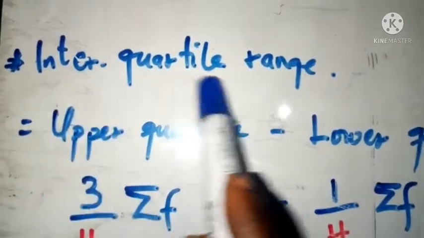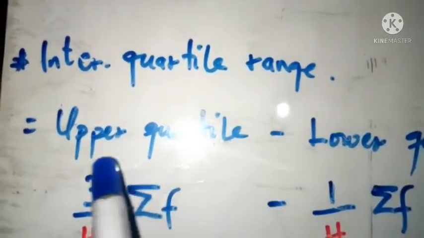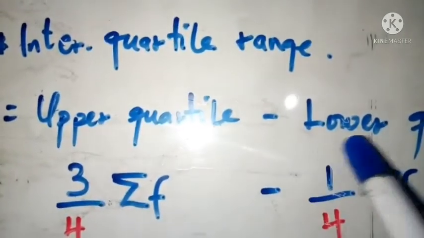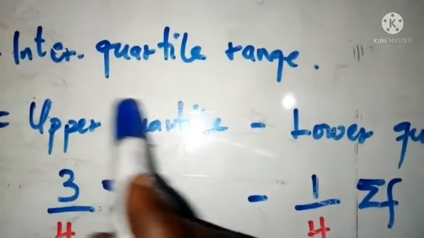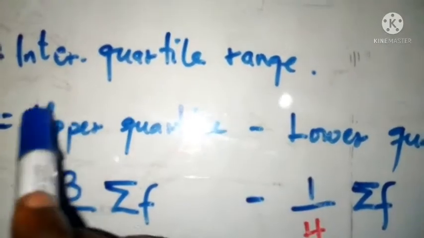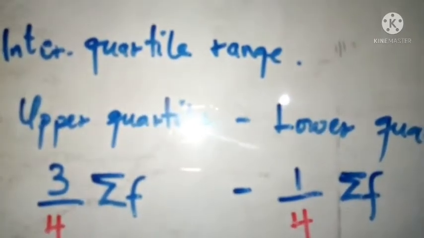What is an interquartile range? The interquartile range here is the upper quartile minus the lower quartile. So we need to know the interquartile range as well as the upper quartile and the lower quartile, right?